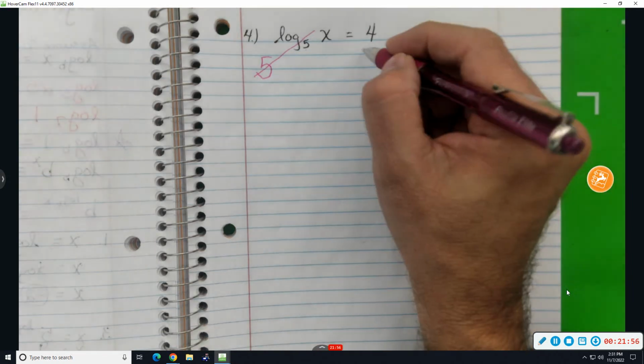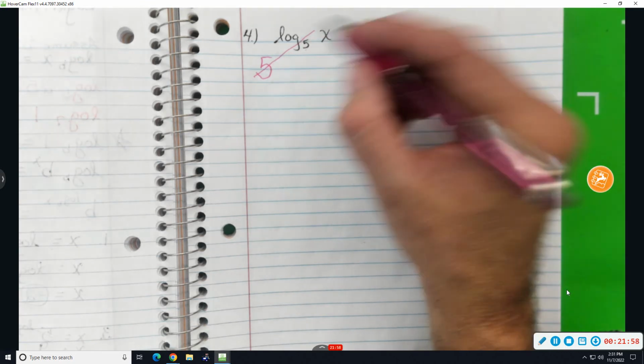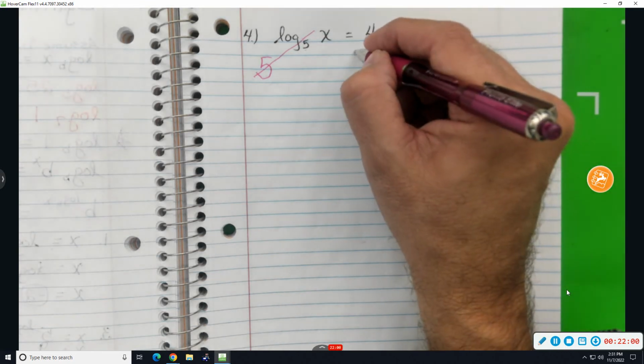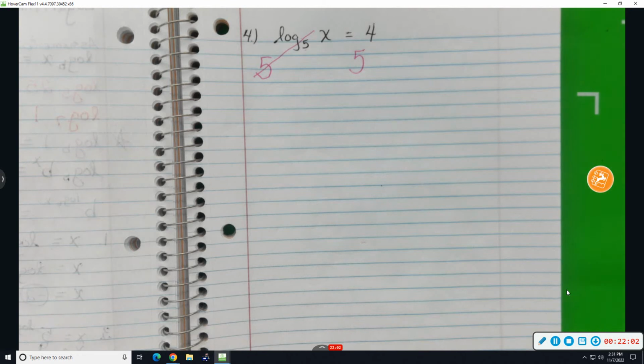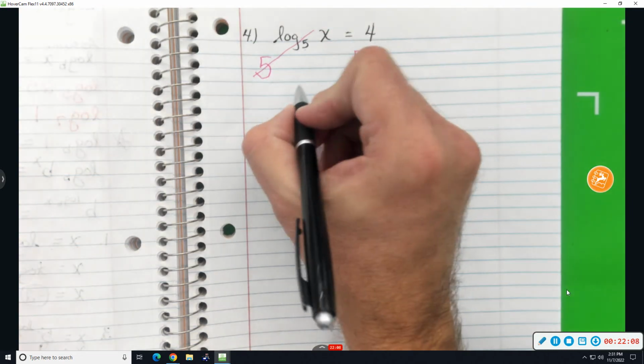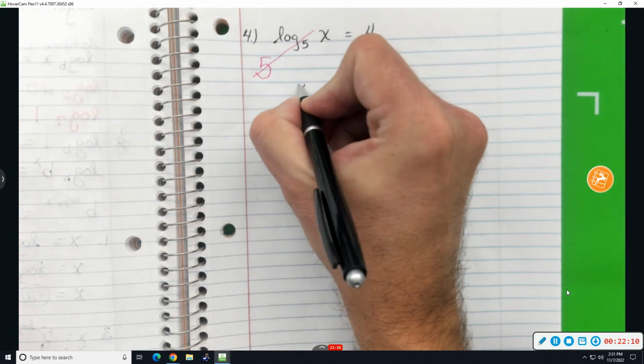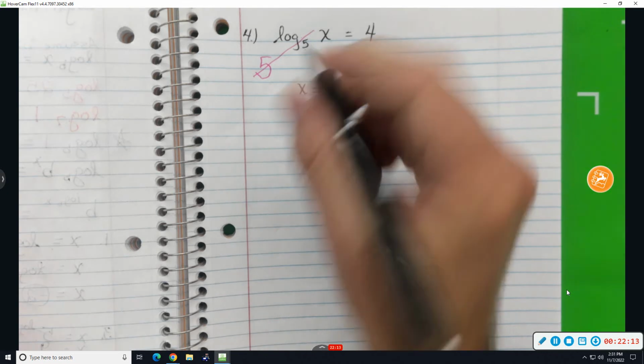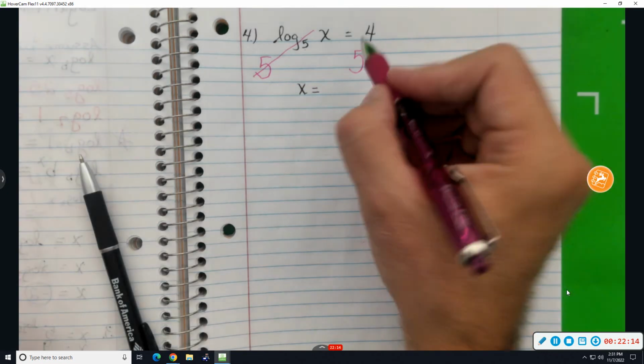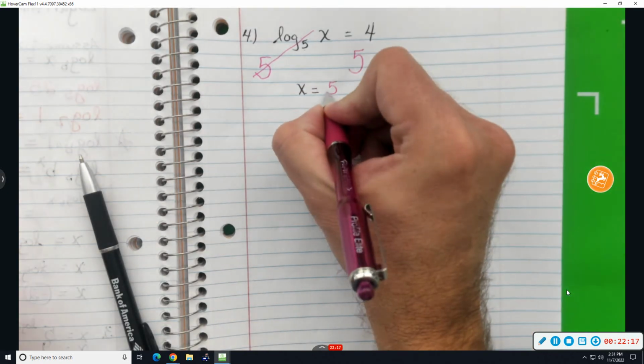But if you put a big base on the left-hand side, you're going to have to do the same thing on the right-hand side. Over here, this is canceling, and we just have x equals 5 to the 4th.